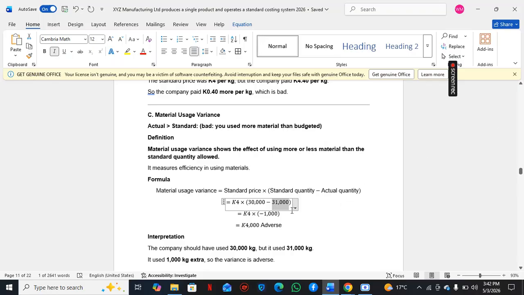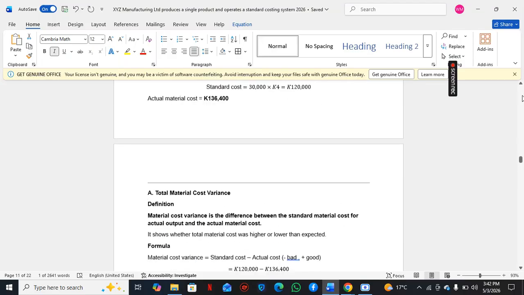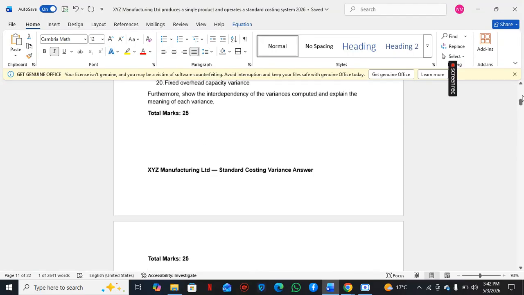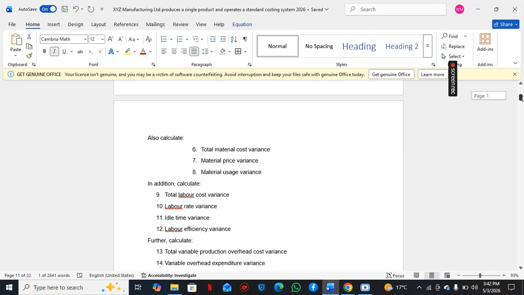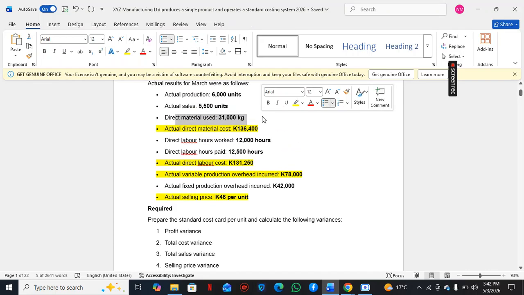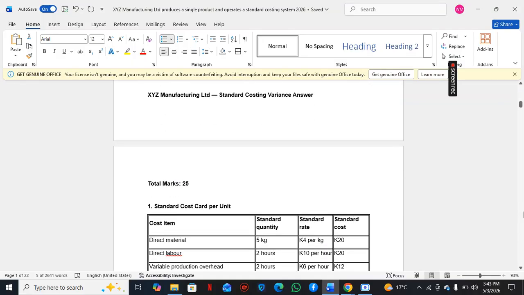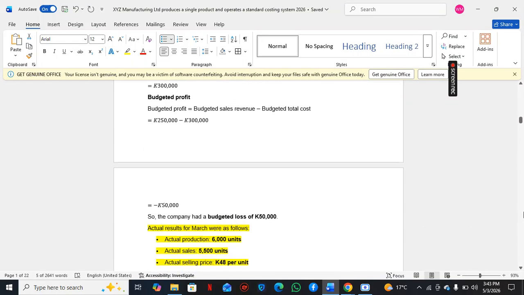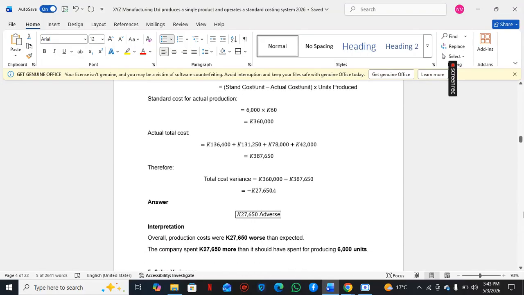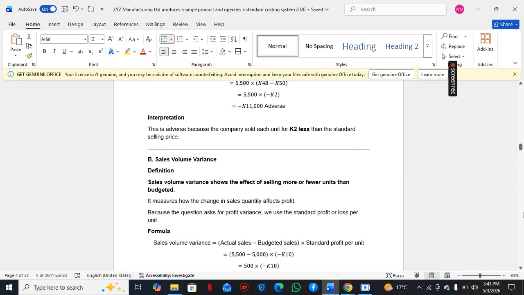This is in the actual information here, actual direct material used, 31,000 kg. So we used more material than we budgeted for, meaning we were not being efficient.